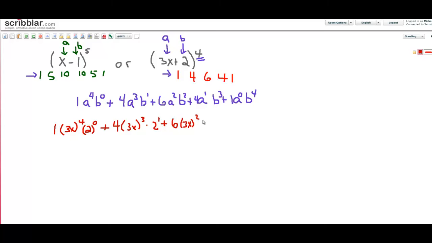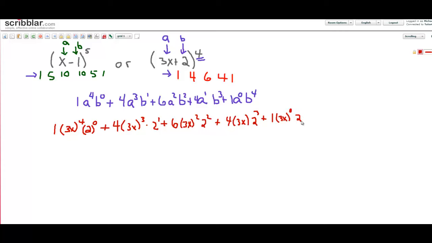And that's going to be 2 to the second this time, plus 4. And a, again, is 3x. And b, this is still 2 to the third, plus 1, 3x to the 0.